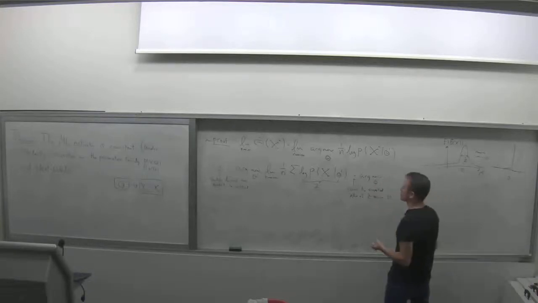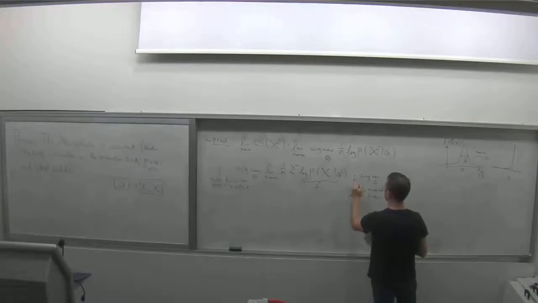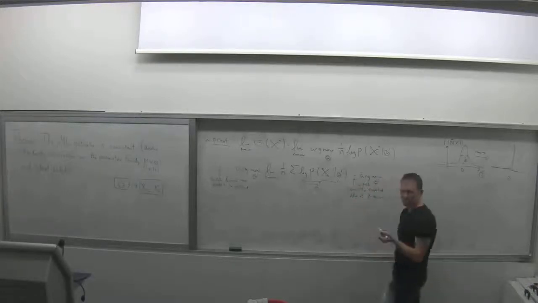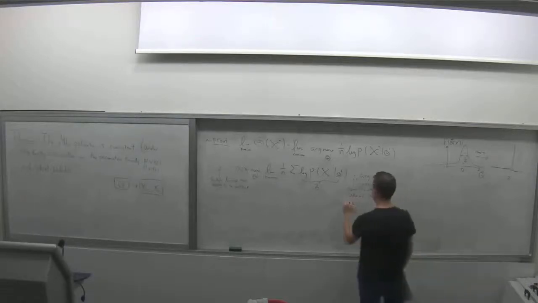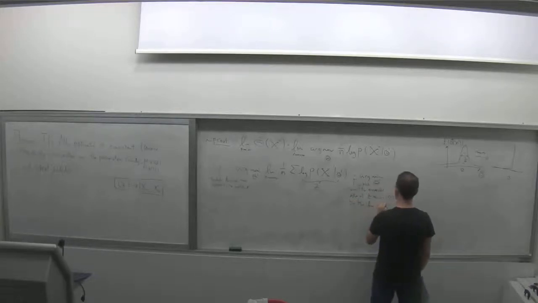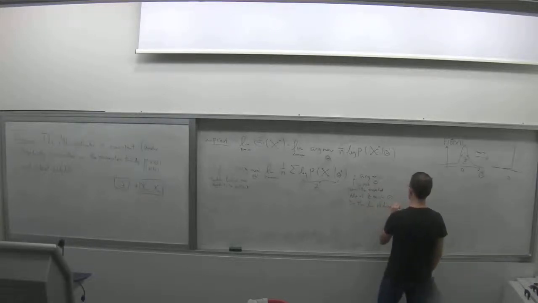This is the theta that generates everything. And this converges, again, in probability. According to what? Why is this true? What's the theorem? By the law of large numbers.